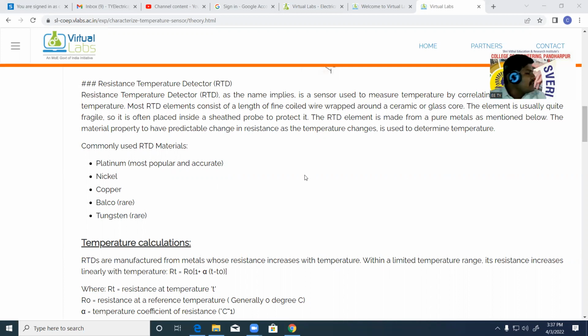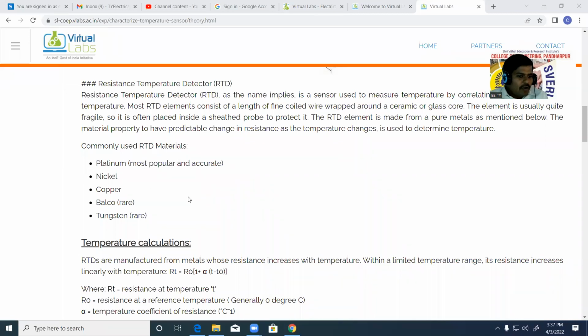That means if the temperature changes, there is a change in resistance. According to this change in resistance we are able to sense the change in temperature, or detect that temperature, right?